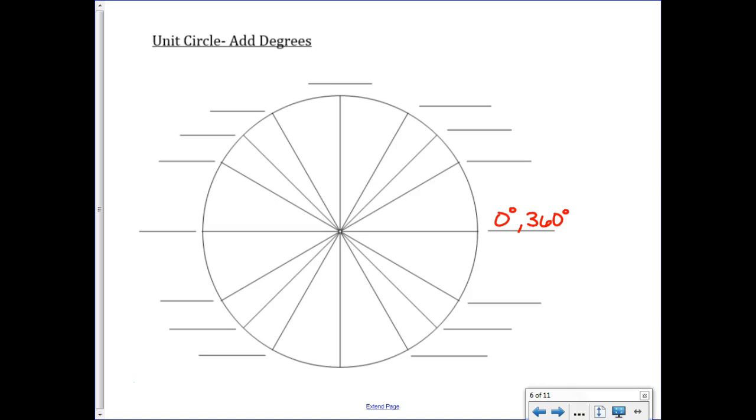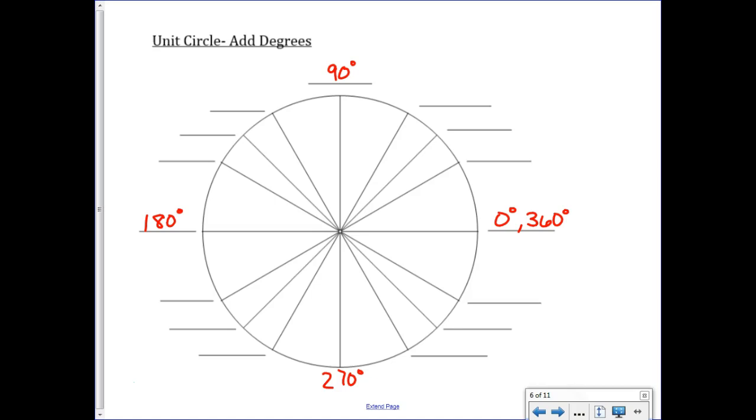So halfway across is 180 degrees. A quarter of the way is 90 degrees. 3/4 of the way is 270 degrees. So we split up the unit circle into a few more degree measurements, and these are the standard degree measures that you need to know.